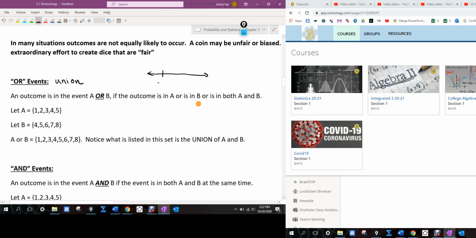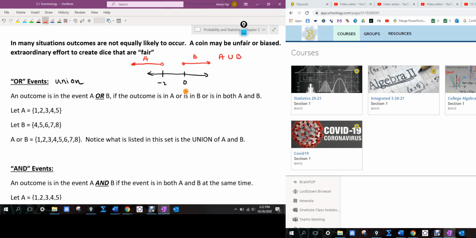So if I get this graph, and I call this a set of solutions, and let's say that's A, and this is a set of solutions, let's call that B, and I ask you for A union B, that means I have to have all of A along with all of B in my solution. Does that make sense?